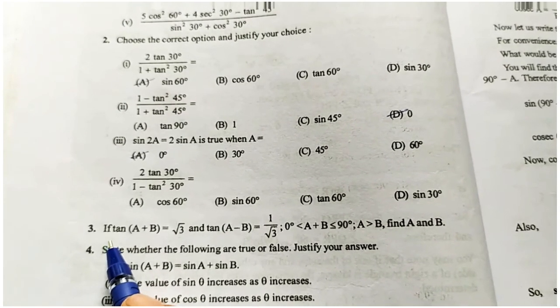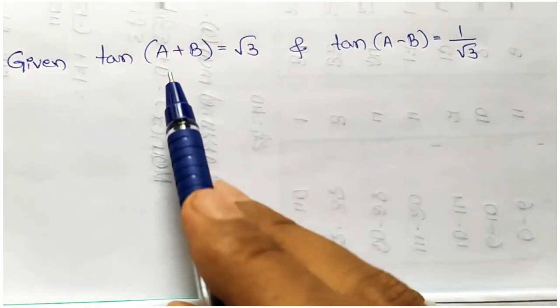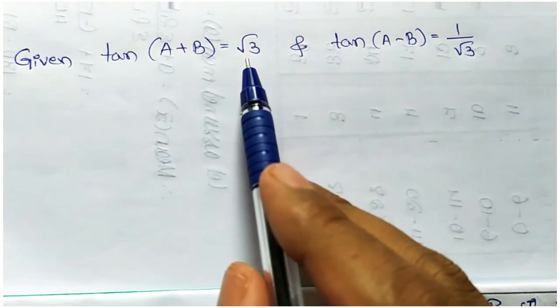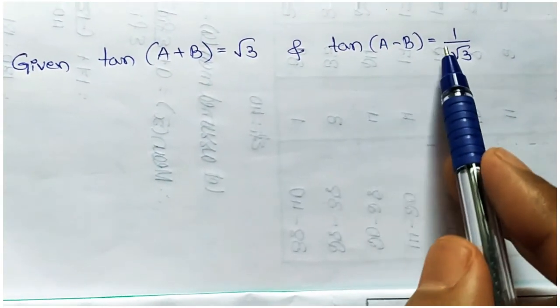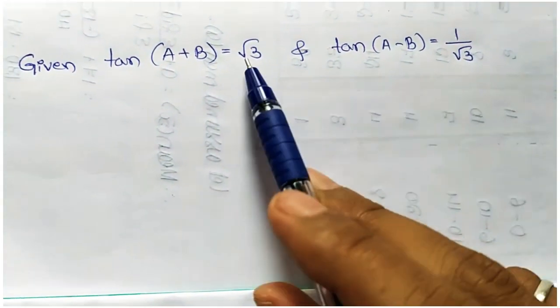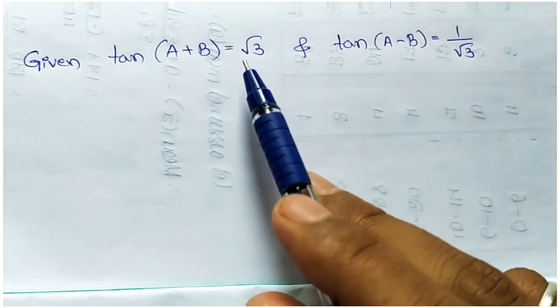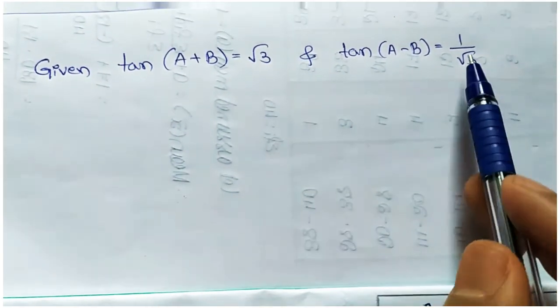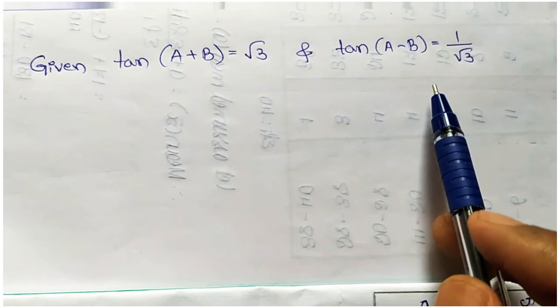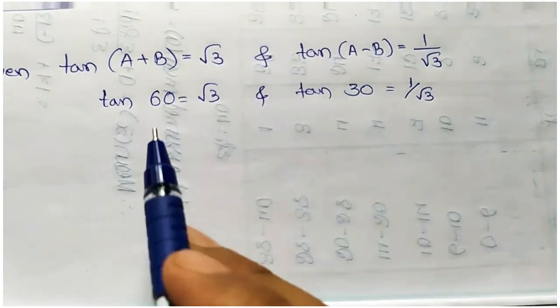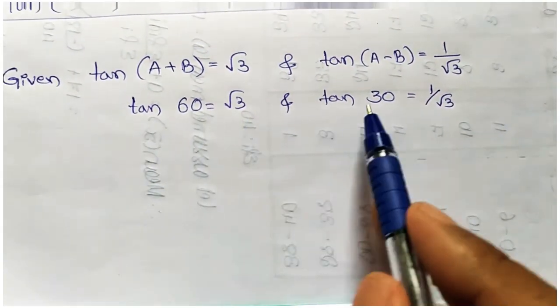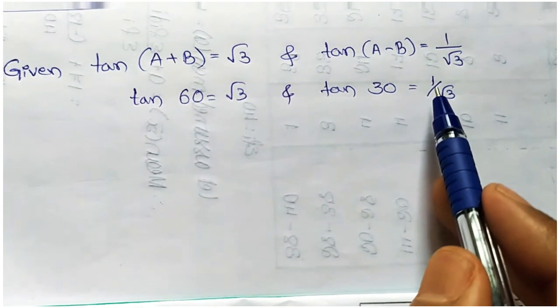Third one. They gave tan of a plus b equal to root 3, tan of a minus b equal to 1 by root 3. So which specific angles give us root 3 and 1 by root 3? Again check over the table. Tan 60 gives us root 3 and tan 30 gives us 1 by root 3.